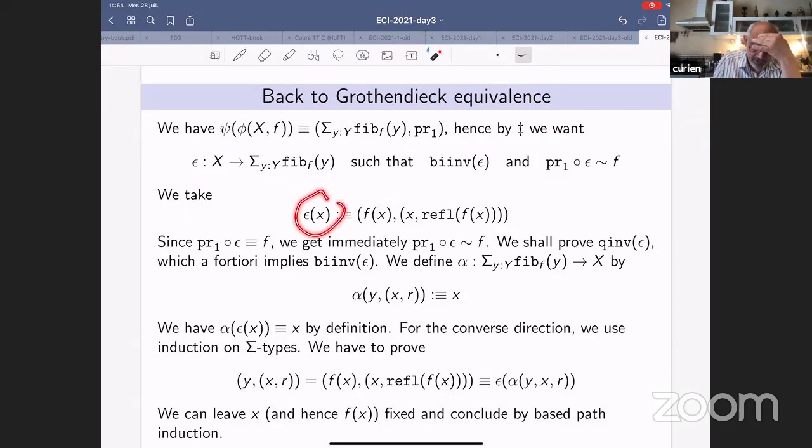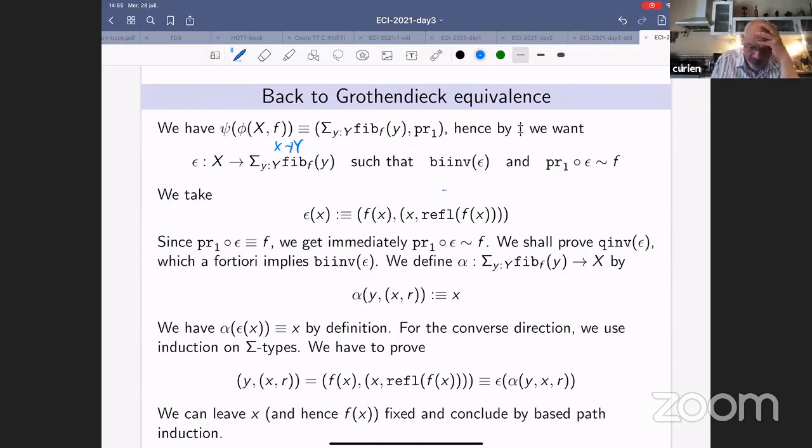We start from X, an element of capital X, and we look for an element of Y first of all. Because F is a function from X to Y, I can take F of X. Maybe I should recall here that this F is going from X to Y. So F of X is a good element.